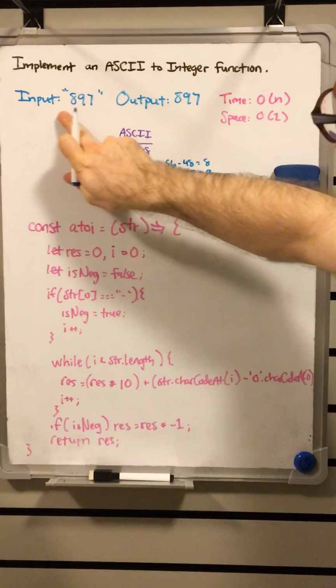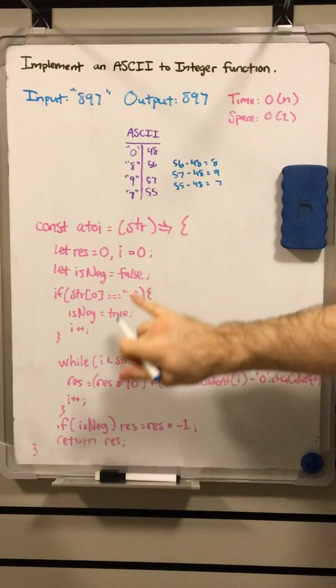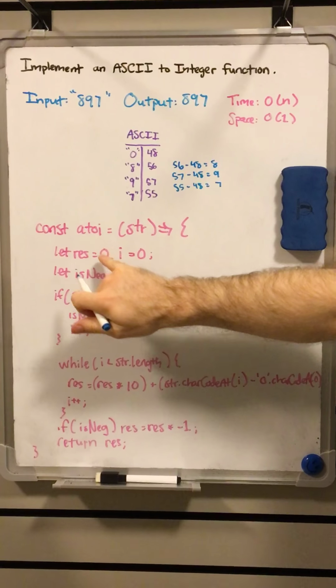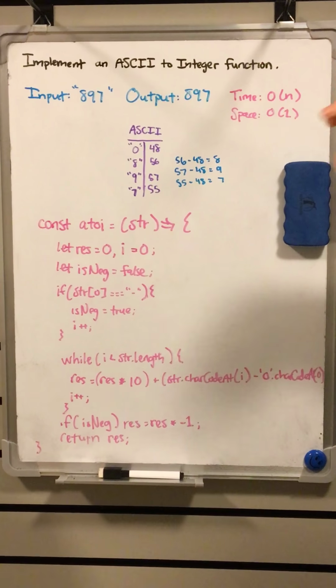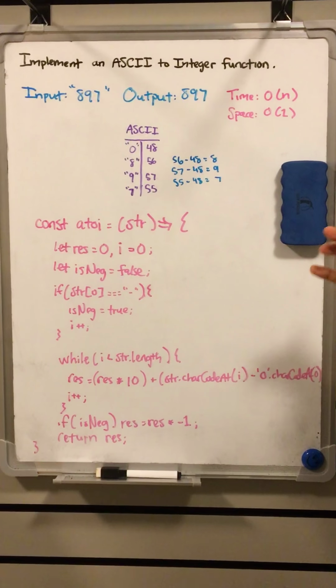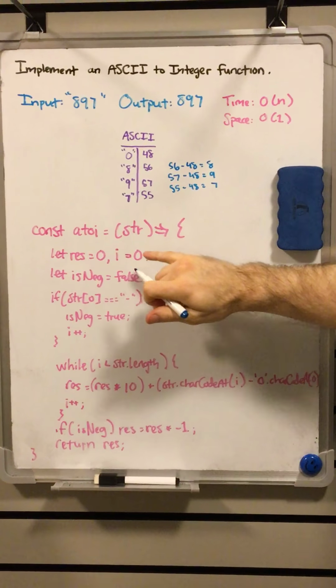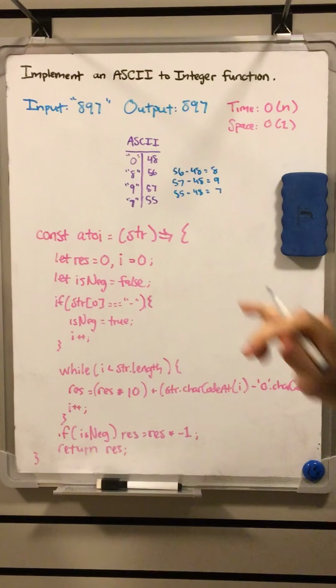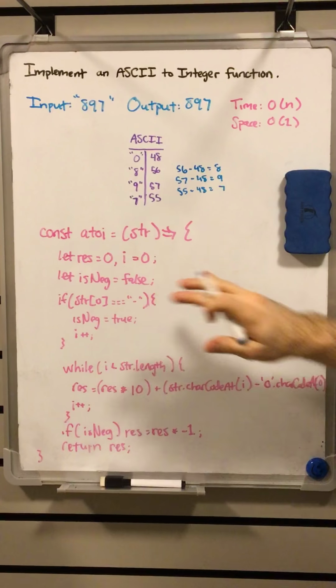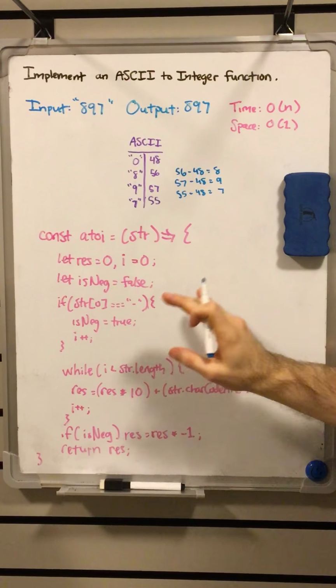When we first go through this, we will have our result set to 0. Result is going to be the ultimate thing that we're going to return in the end. We have an index set to 0. And we have an isNegative Boolean set to false.